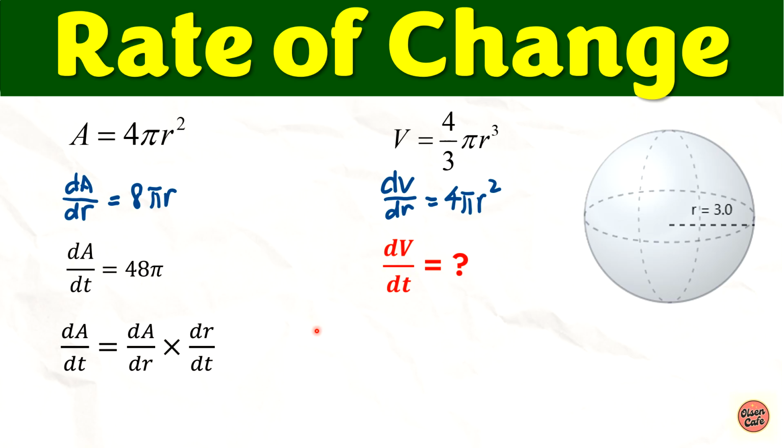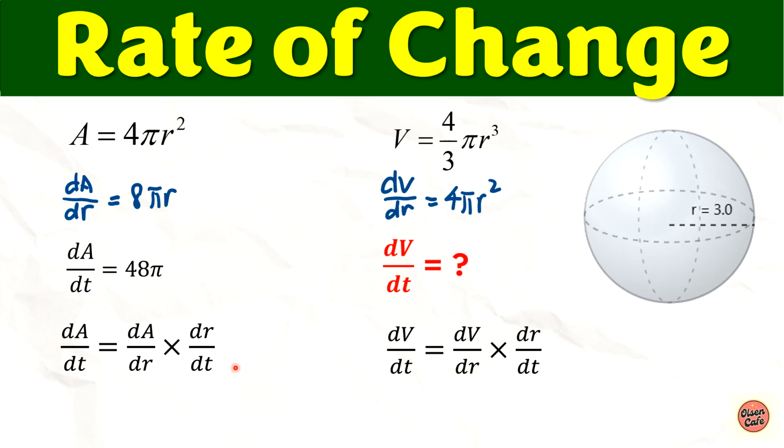Now let's take a look at dV/dt. If I write down the chain rule, this will give me dV/dt equals dV/dr times dr/dt. If I'm going to find dV/dt, this will be the chain rule formula that I need.